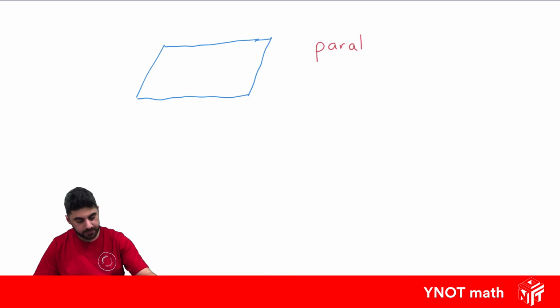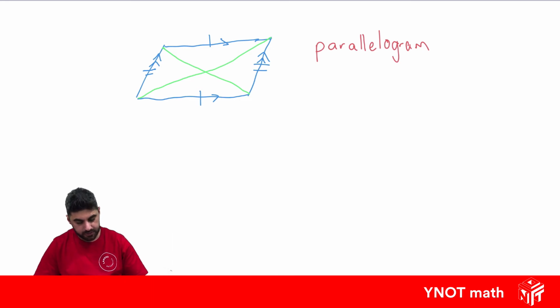Okay, a parallelogram has opposite sides that are equal, so those two and those two, opposite sides that are parallel, and diagonals that bisect each other. But they're not equal because the diagonals are of different lengths.